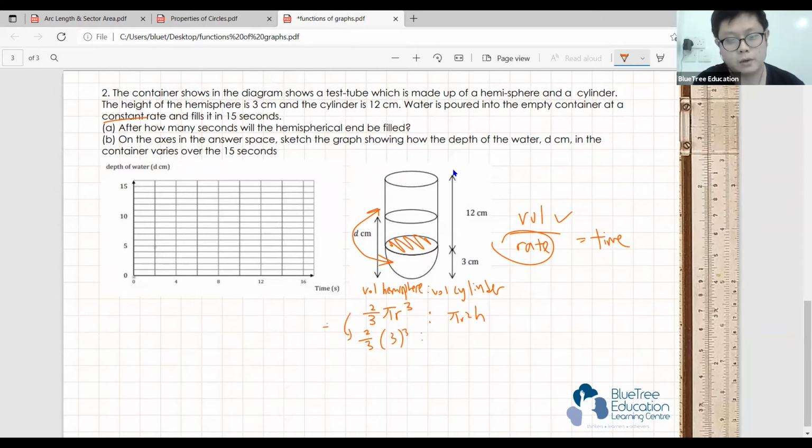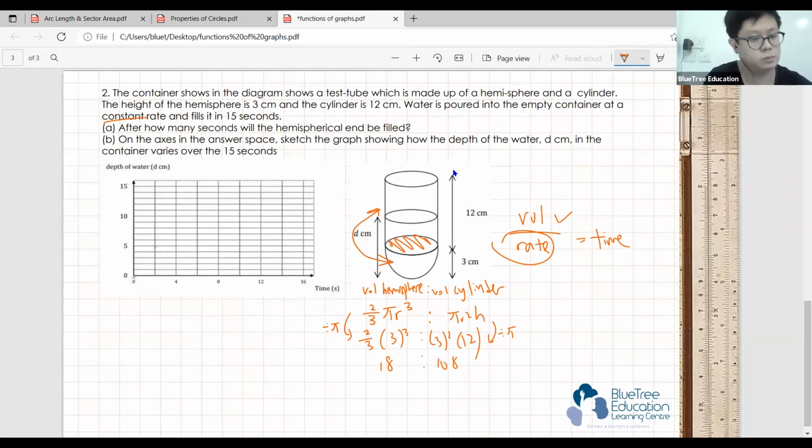This is divided by pi first, right? All right, so we create a ratio in the final answer in the simplest form. It's 18, and this is 108.